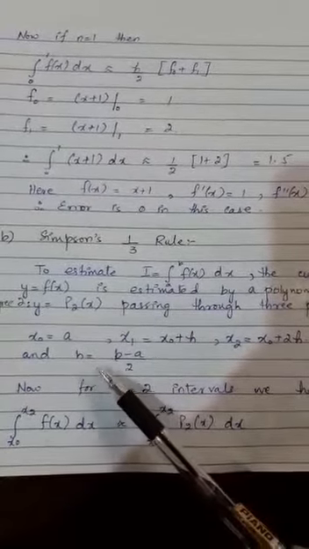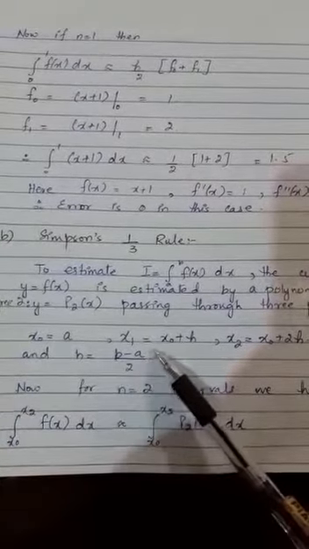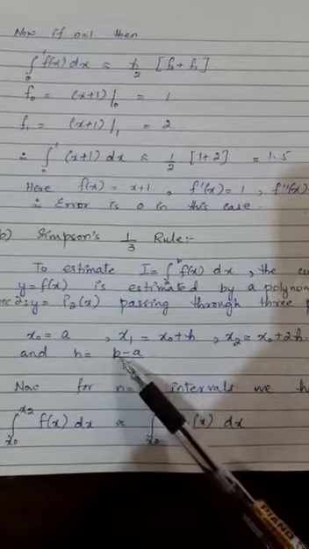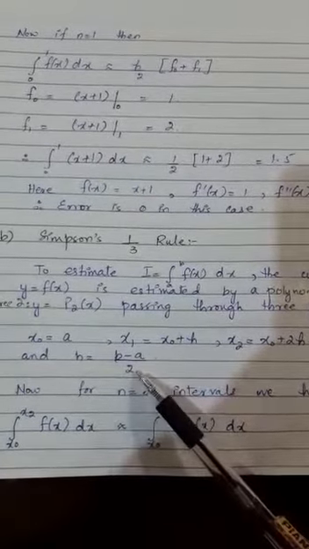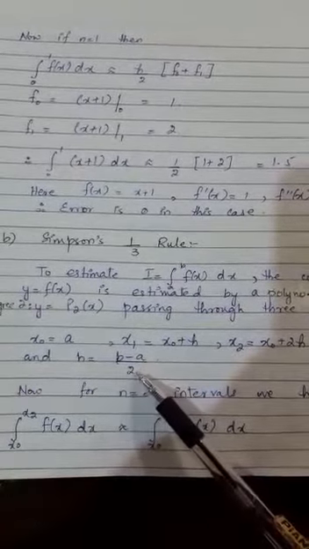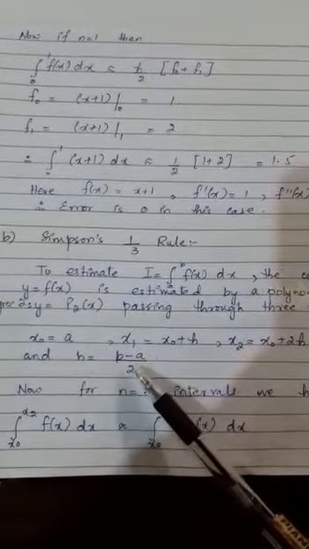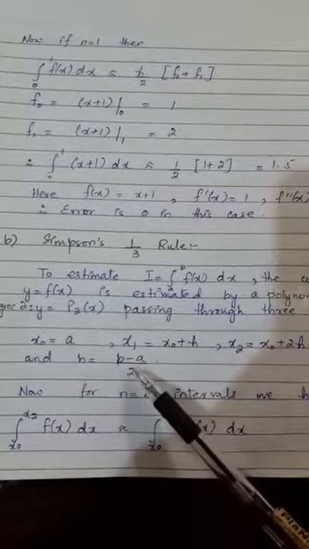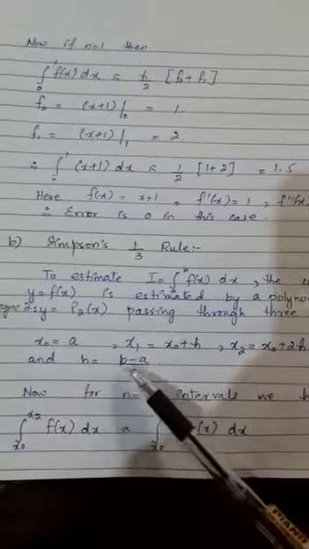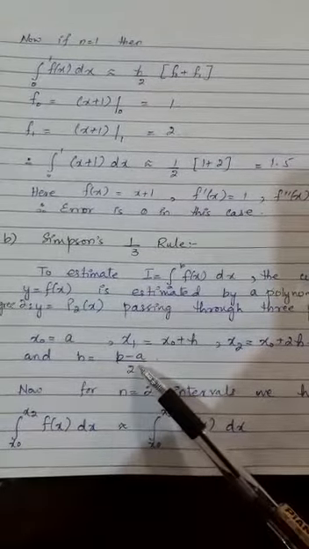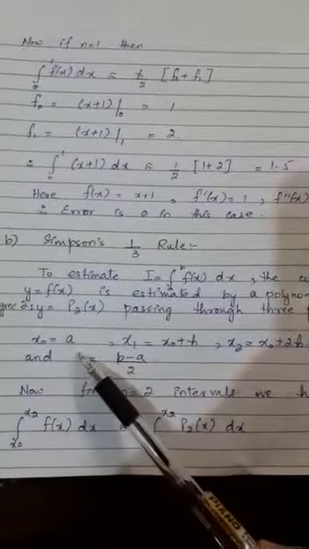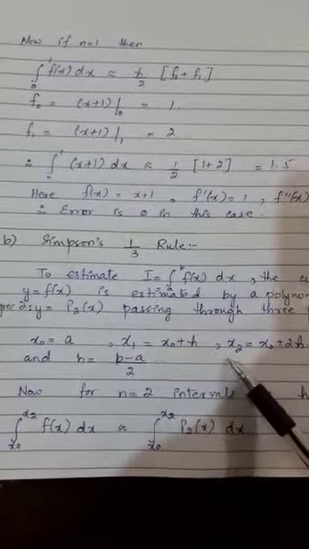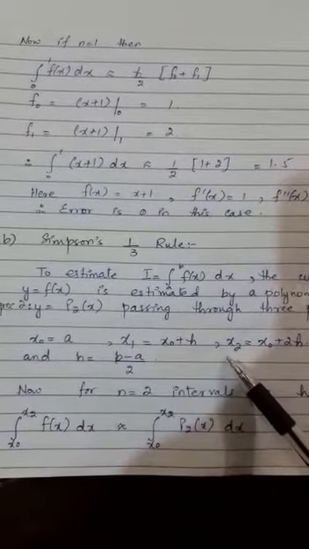Here the step size h is equal to b minus a divided by 2. In the earlier case, we had h equal to b minus a over 1, because the general form is h equal to b minus a over n. In the first case we had only one interval, x0 and x1, and in this case we have two intervals, x0 to x1 and x1 to x2.